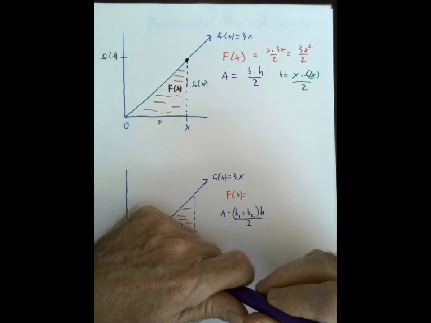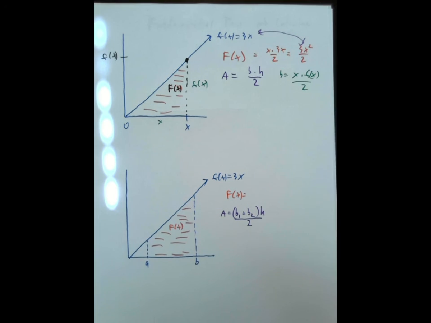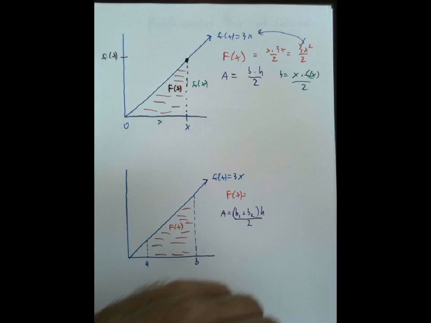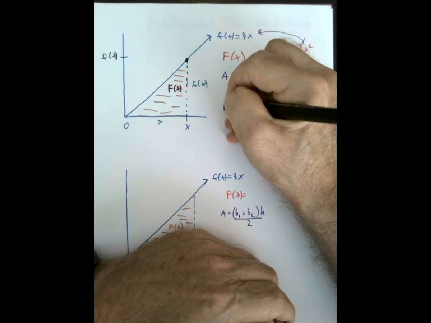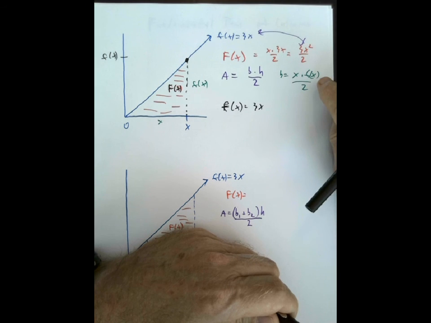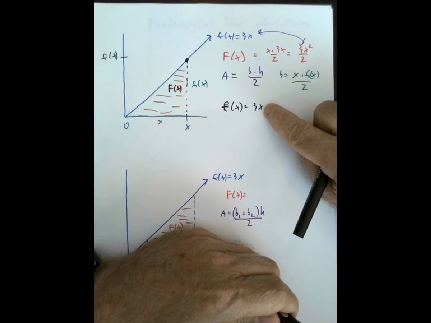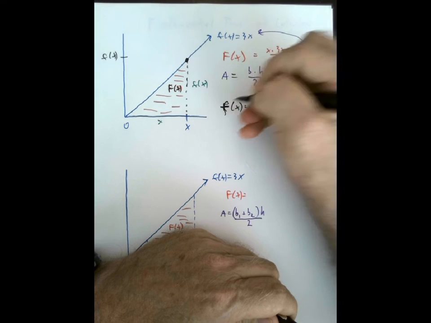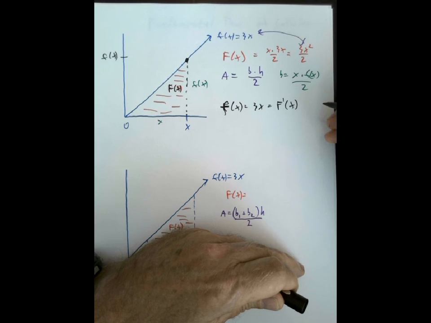Well, ladies and gentlemen, what do these two have to do with each other? And this is super important here: if little f of x is equal to 3x, can you see that the derivative of capital F, if you take the derivative of 3x squared over 2, you get 3x. So little f of x is equal to F prime of x.